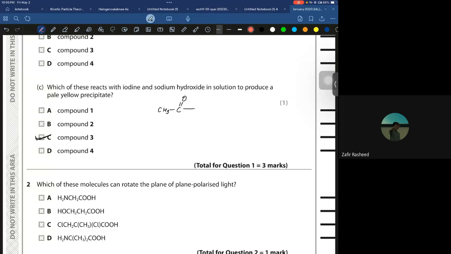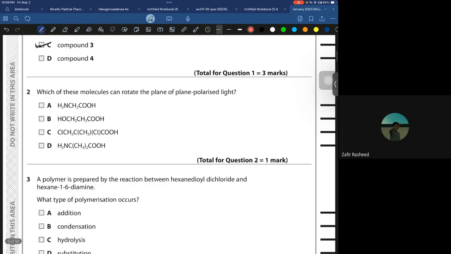It's going to give us a pale yellow precipitate, and this would be CHI3, the iodoform precipitate.